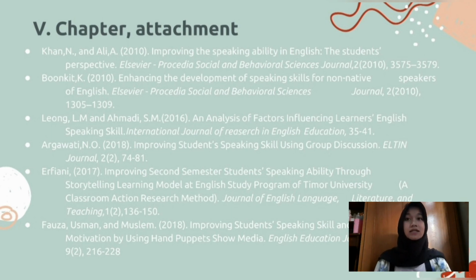And the second article, the author is Bonkit with the title Enhancing the Development of Speaking Skills for Non-Native Speakers of English. This article was uploaded in the journal Elsevier, Procedia Social and Behavioral Science.